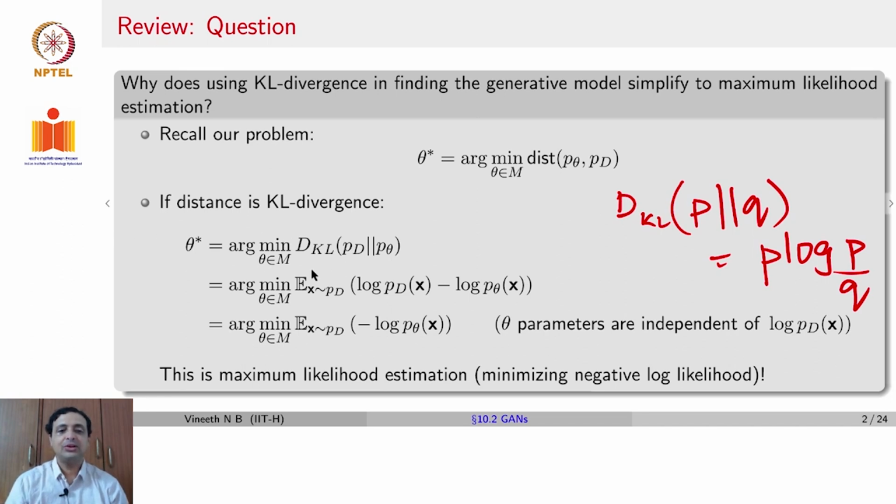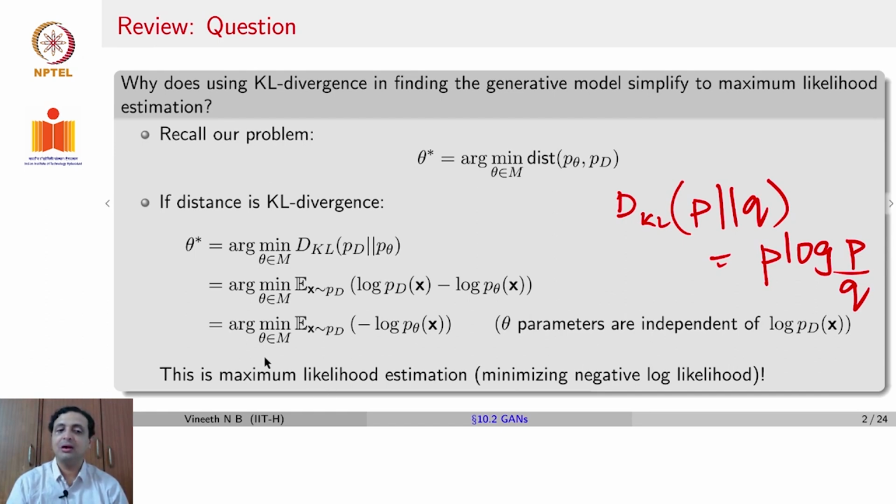So in this case, you would have the KL divergence of PD and P theta. The first term, PD, does not depend on theta, so it doesn't matter for our optimization. So you're left with log PD by P theta, which can be written out as log PD minus log P theta. Once again here, log PD is the distribution of data and does not depend on theta.